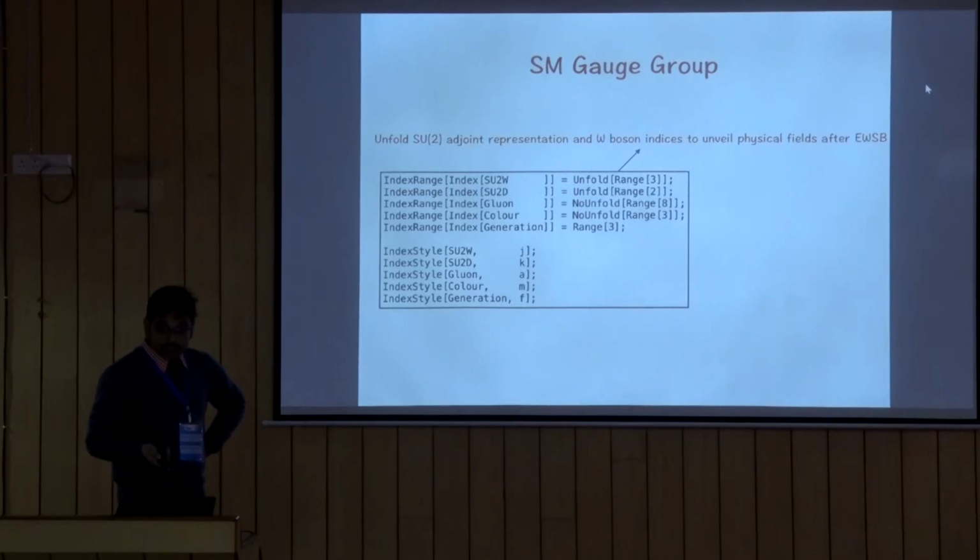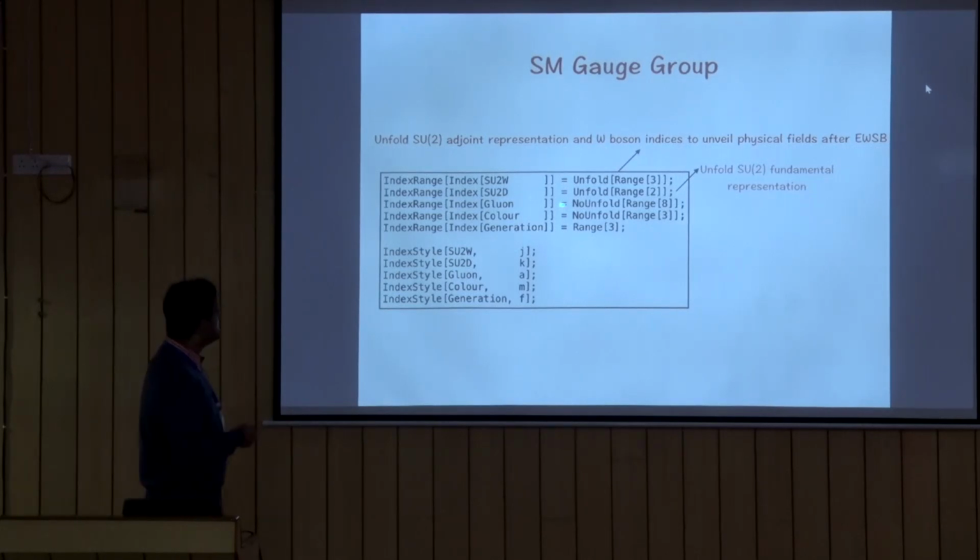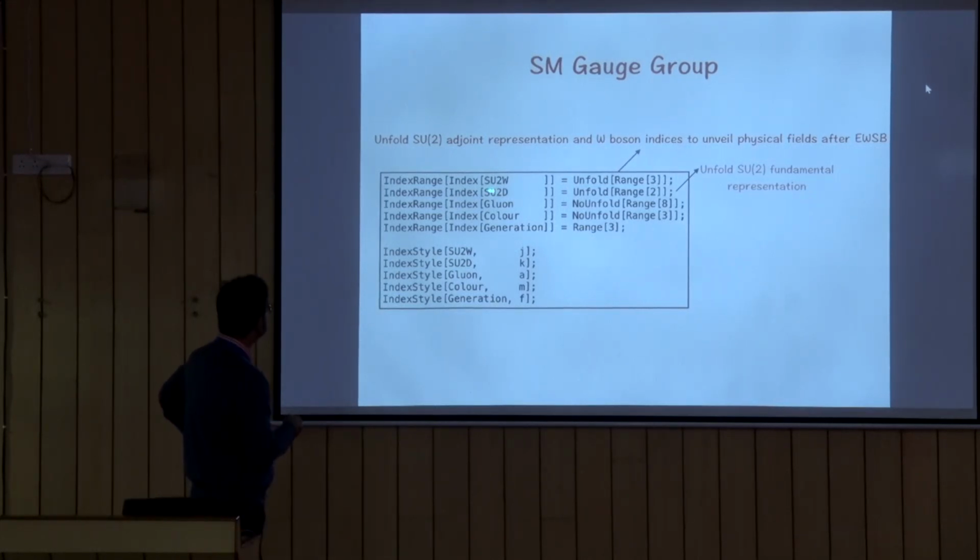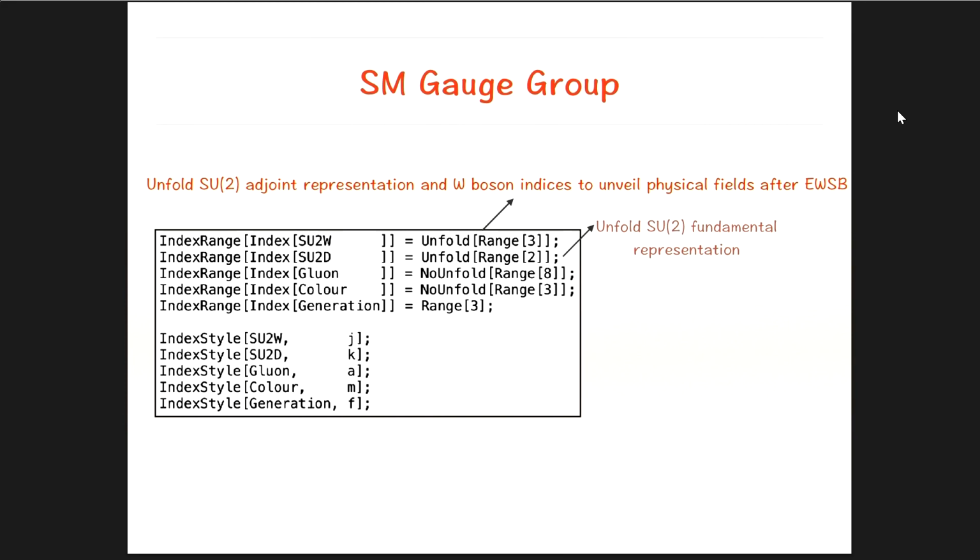Now this part is interesting because you are basically unfolding this. There are two nomenclatures: SU2W and SU2D. You see that SU2W has a range of 3, whereas SU2D has a range of 2.